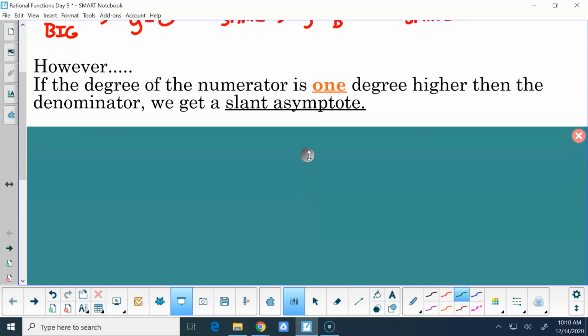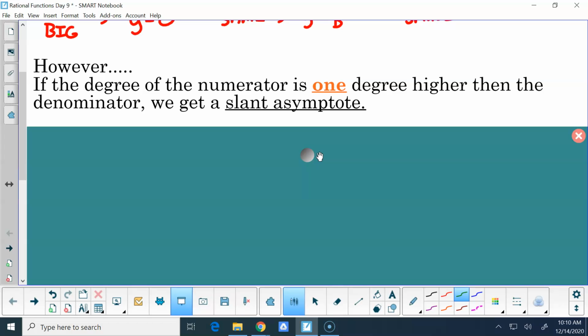What we are specifically looking for is if the degree of the numerator is 1 degree higher than the denominator. Okay? So if it's big over small, and it's bigger by 1, and only 1, we get what's called a slant asymptote.